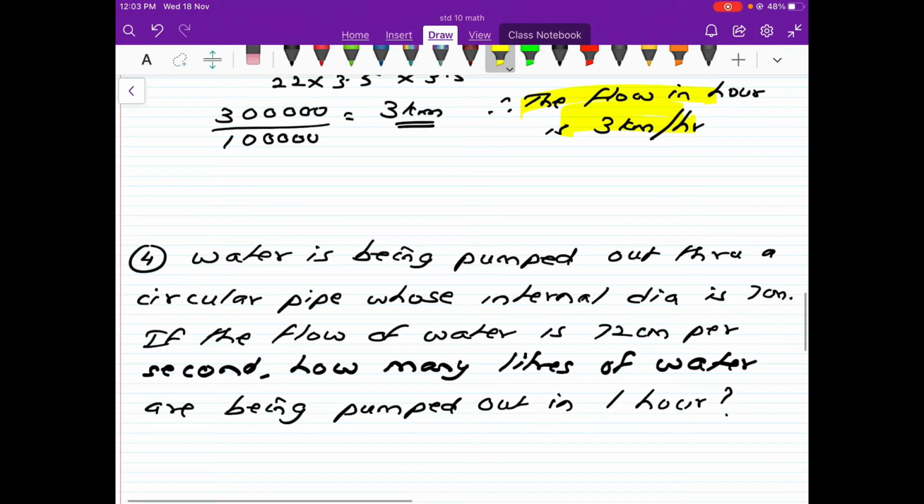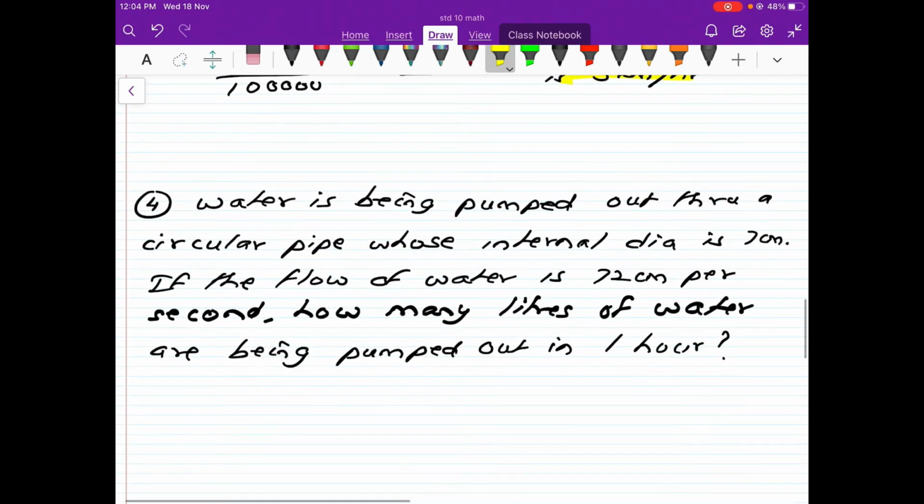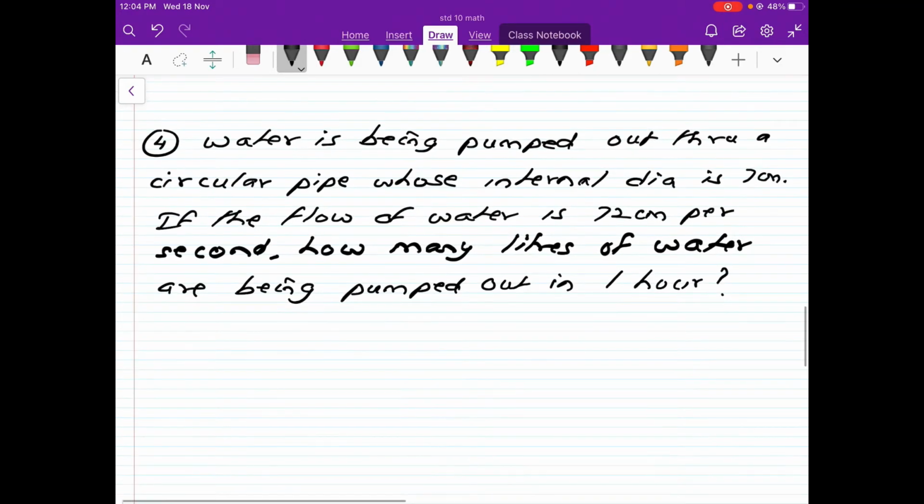Now let's go for the next sum. Water is being pumped through a circular pipe whose internal diameter is 7 centimeters. If the flow of water is 72 centimeters per second, that is the length achieved per second, how many liters of water is pumped out in 1 hour? These all sums are a little tricky, but no issue, we can do this. What is the radius of the pipe?